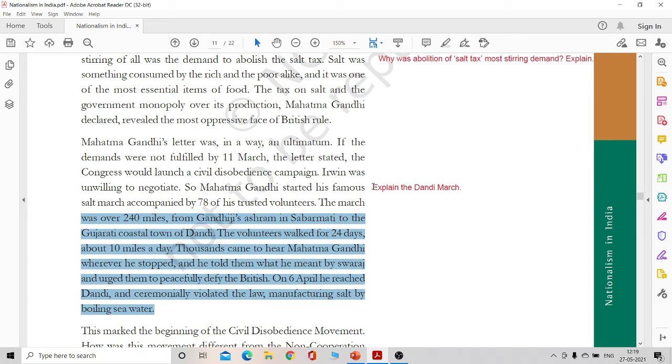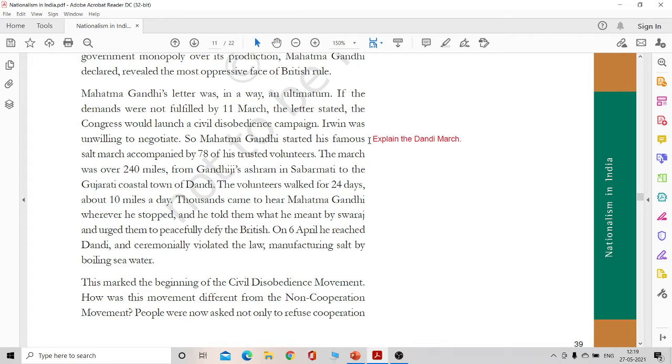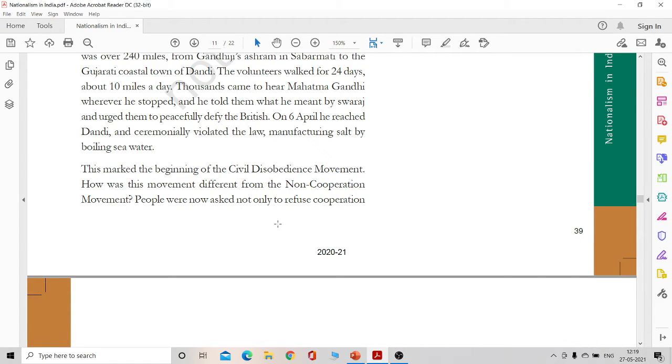So this is the way in which he broke laws, and therefore he initiated a civil disobedience where he was not only not cooperating but also breaking laws. He was being disobedient. So this is the meaning of civil disobedience, right? Now this is the answer to the question, explain the Dandi March.